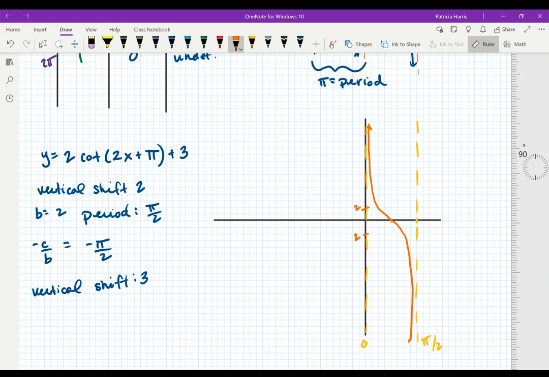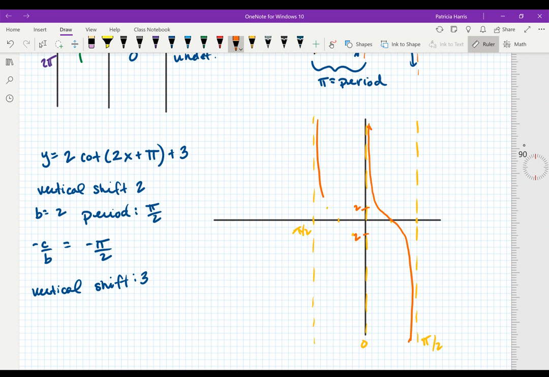Well, if I move 0 to pi over 2, let's just put it here. See how you kind of get the same thing? Again, color is important.